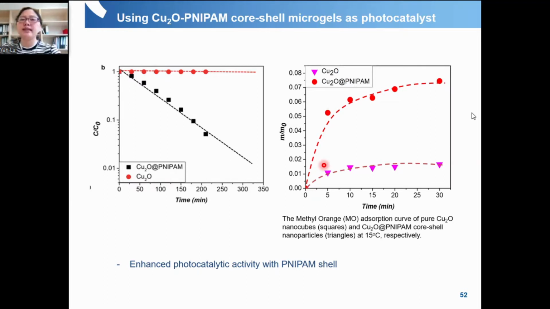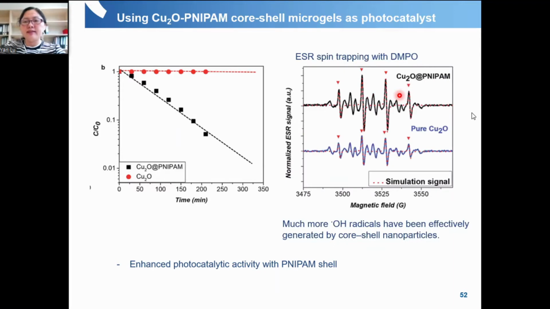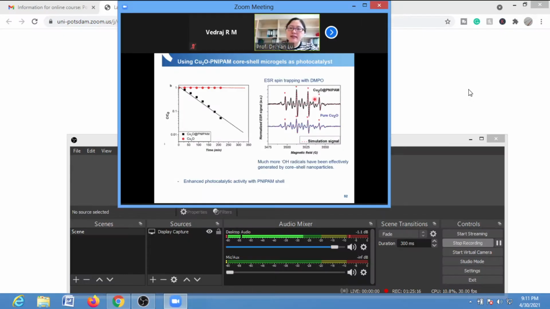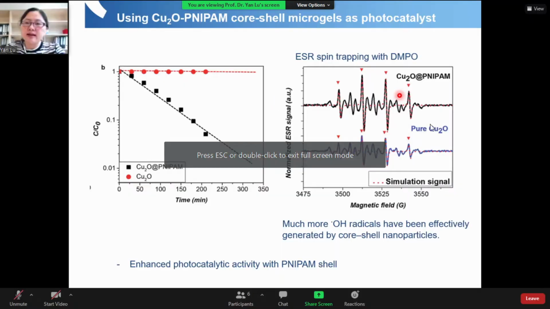We can see here the red points are after PNIPAM coating. First of all, after the PNIPAM coating, we can enhance the absorption behavior of the PNIPAM core-shell particles. The second thing we measured is that we used ESR spin trapping to determine the radicals that can be generated on light irradiation.